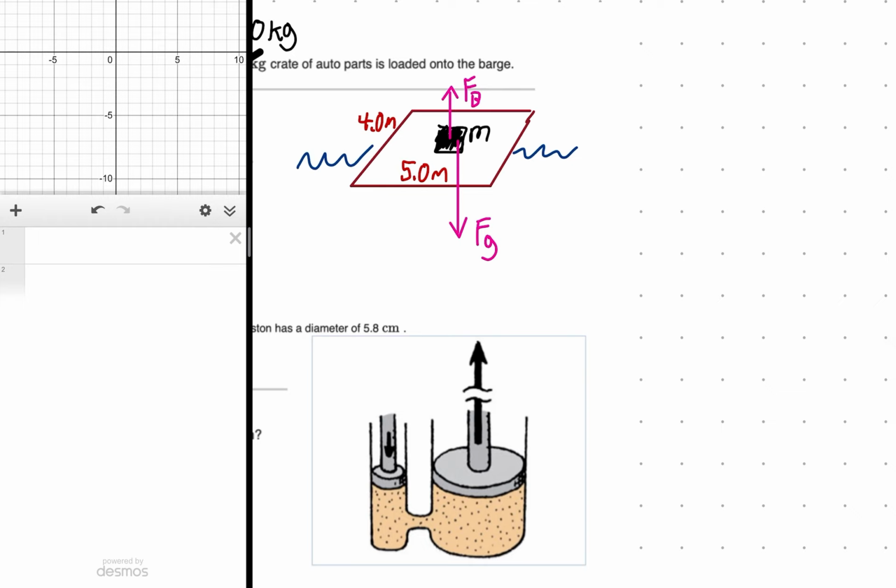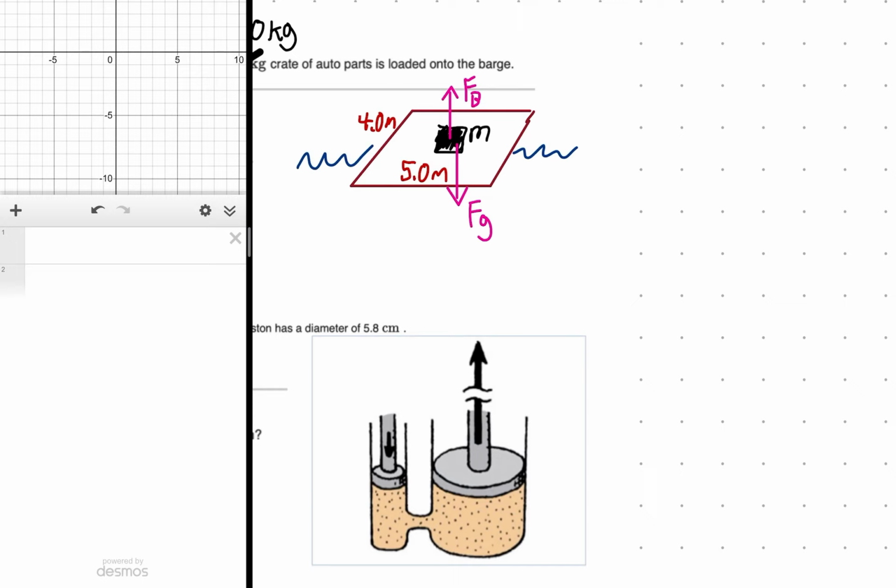One acting down, one coming up. And actually, let's go ahead and make them the same size because this is definitely equilibrium. Because we have a balancing of forces, because otherwise it would be bobbing up and down, for example, if it was in oscillation, or we'd have a case where it was actively sinking. But that's not what's happening here.